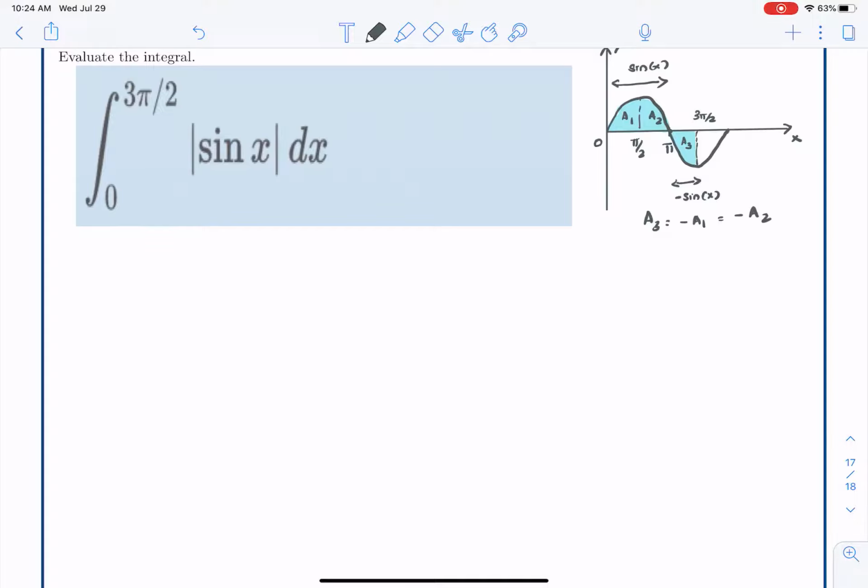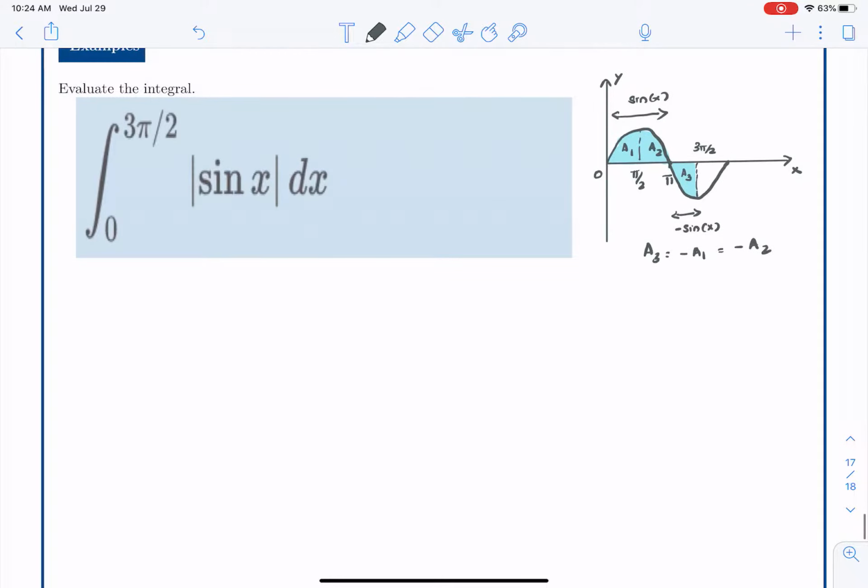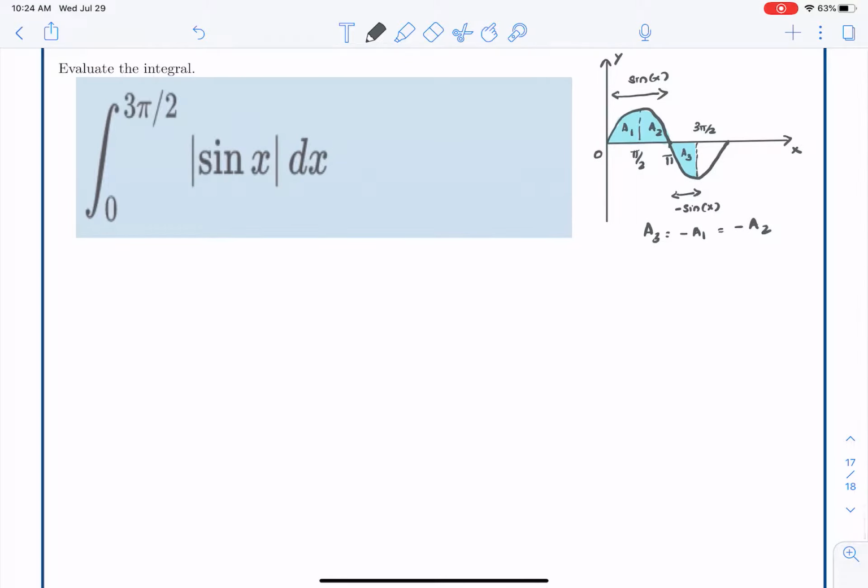We can do it as negative sine x between pi to 3 pi over 2, in which case we will have the integral from 0 to 3 pi over 2 of the absolute value of sine x dx is the integral from 0 to pi over 2 of sine x dx plus the integral from pi over 2 to pi of sine x dx.